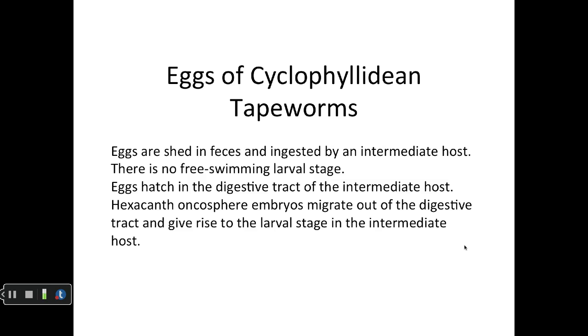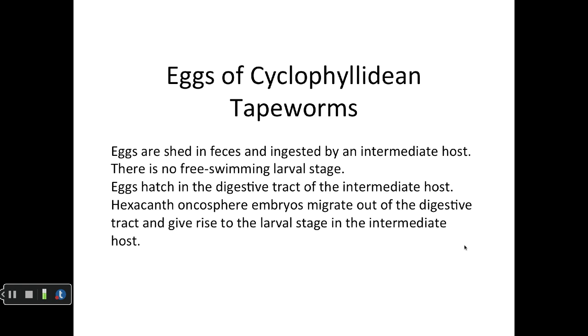These are predominantly terrestrial life cycles. There is no free-swimming larval stage like we saw with the pseudophyllidean tapeworm, Diphyllobothrium, and instead the eggs are typically released in feces and then ingested.